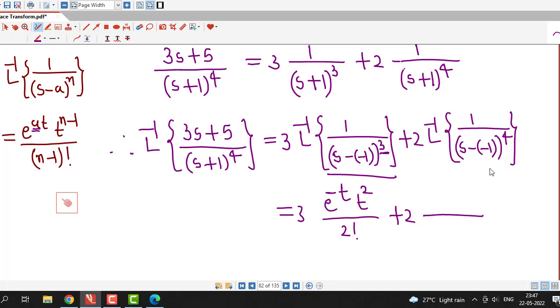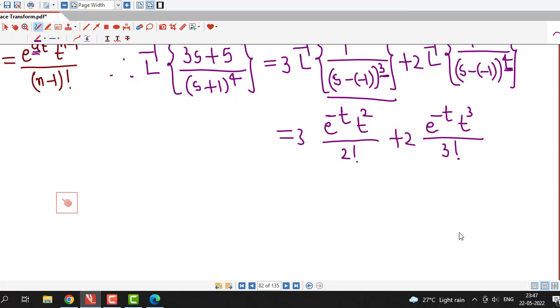Here also we have s minus minus 1, so we write e raised to minus t. The value of n is 4, so n minus 1 will be 3, so we write t raised to 3 divided by 3 factorial. Now 2 factorial is 2, so we will have 3 by 2 t square e raised to minus t, and this we can further simplify.